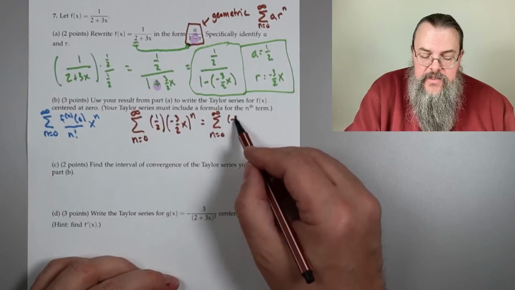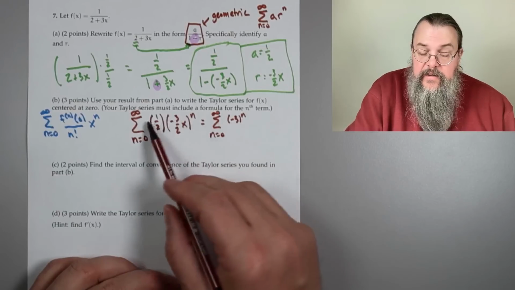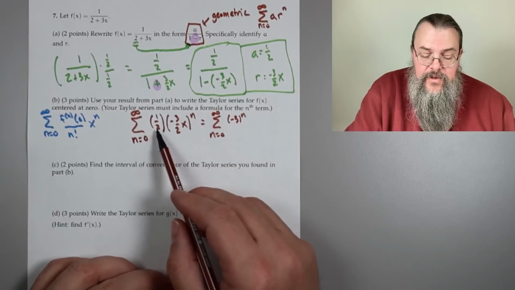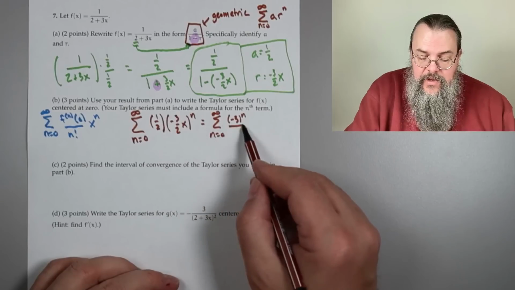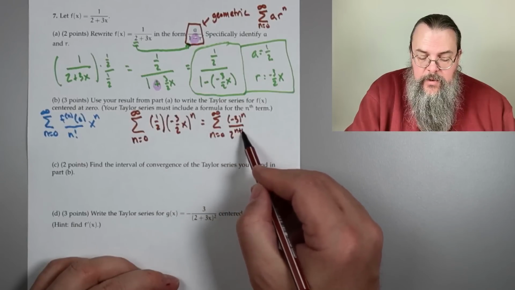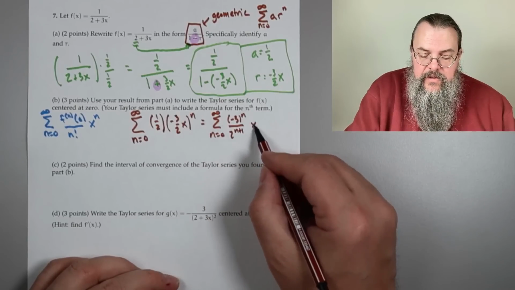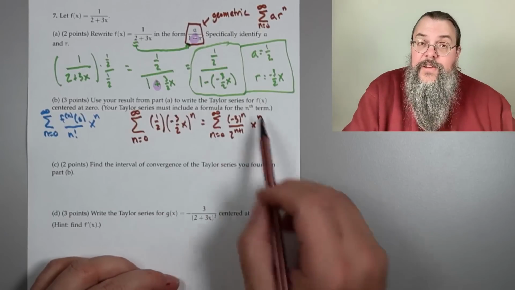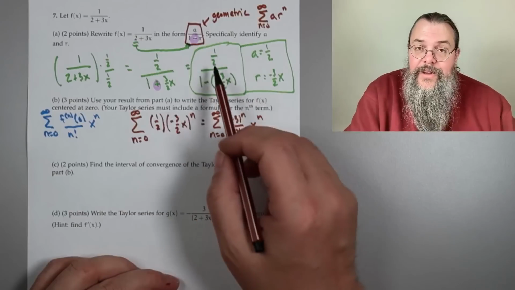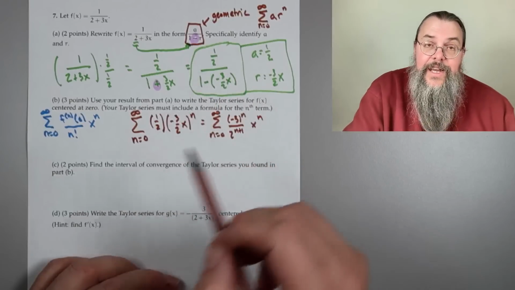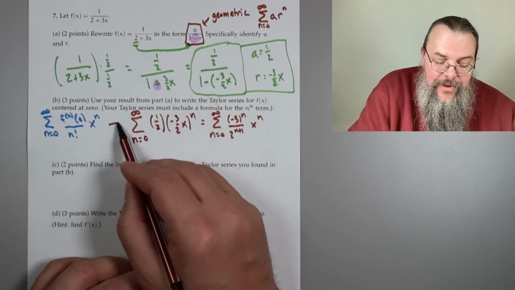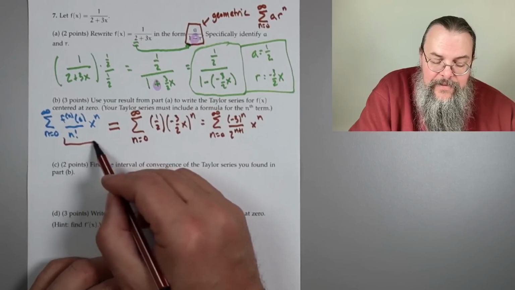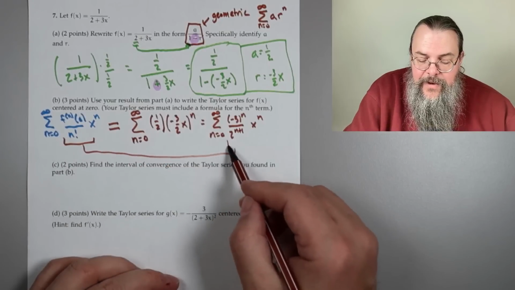Well, we can put minus 3 to the power n upstairs. Downstairs we have a 2 and a 2 to the n. So that's a 2 to the n plus 1. And then we have x to the n. And this is a series that works. So since it's a series, it's the series. So, aha, life is good.